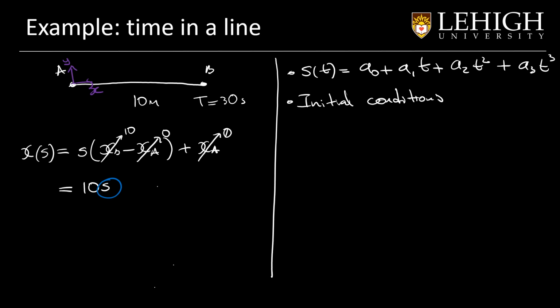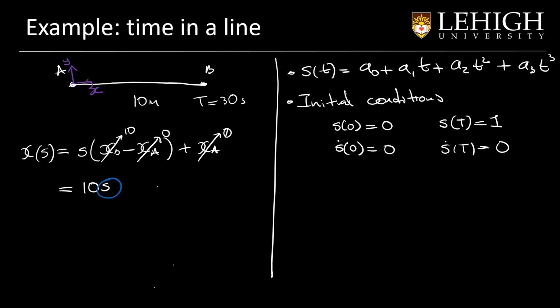Those conditions are that the position starts in 0, the velocity starts in 0, the final position of s is equal to 1, and the final velocity is equal to 0. Okay, we will stop in B.